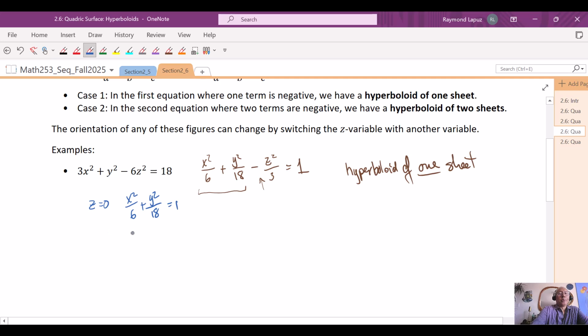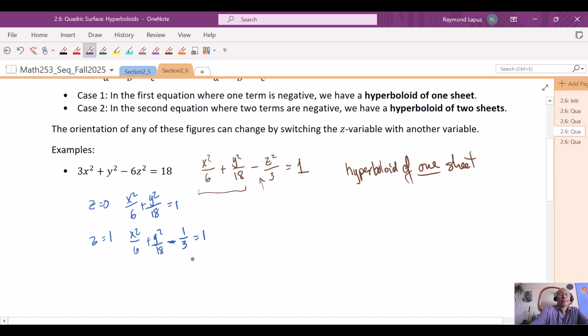And when we let z equal some other number, like 1, you get x squared over 6 plus y squared over 18 minus 1/3 is equal to 1. Then this is still going to have the shape of an ellipse. We can bring the 1/3 over to the other side and divide by that fraction. So this is still going to be an ellipse.